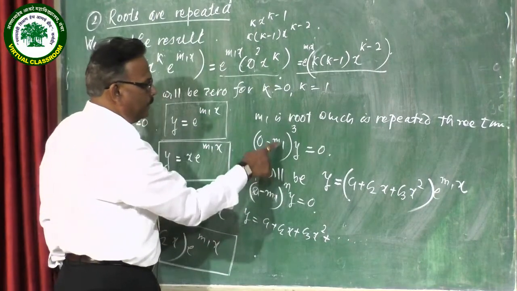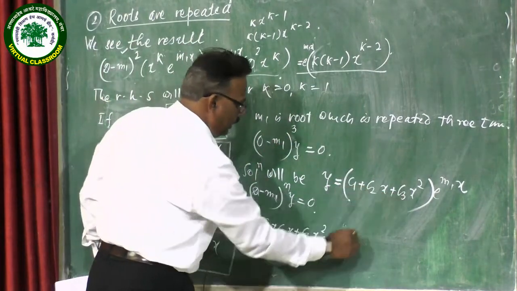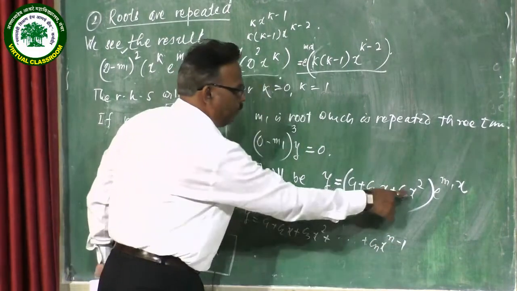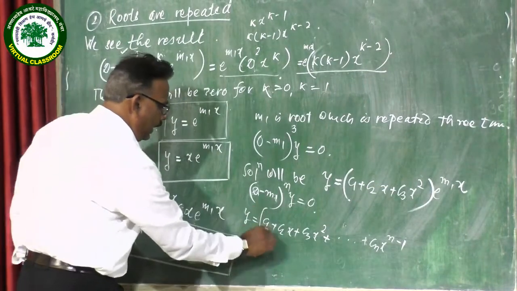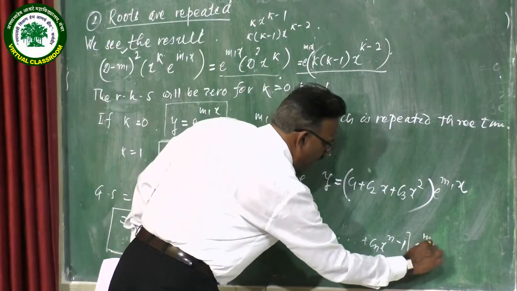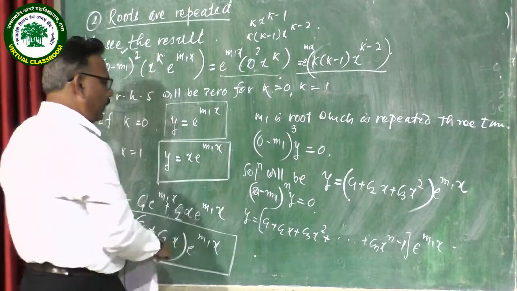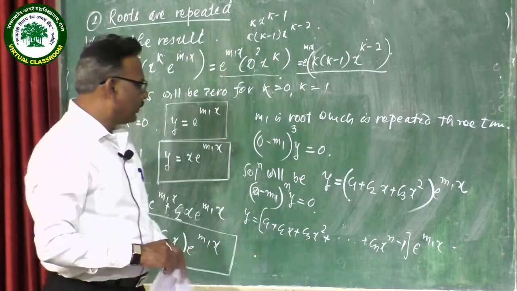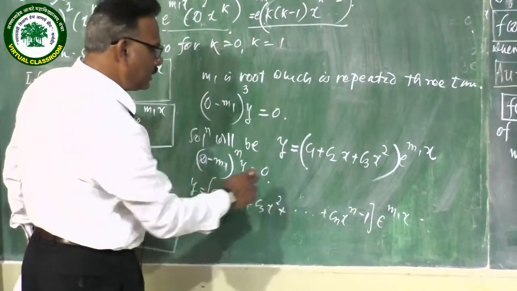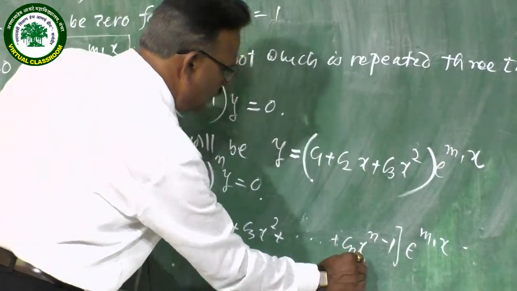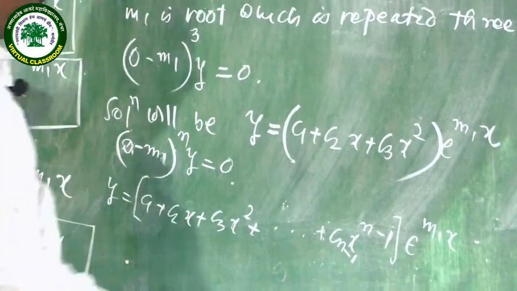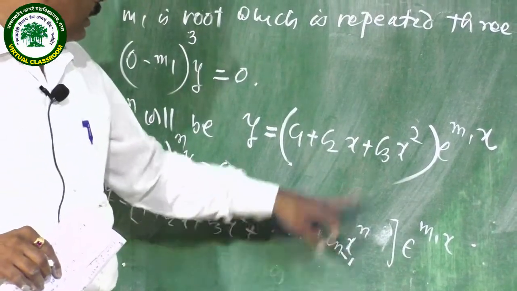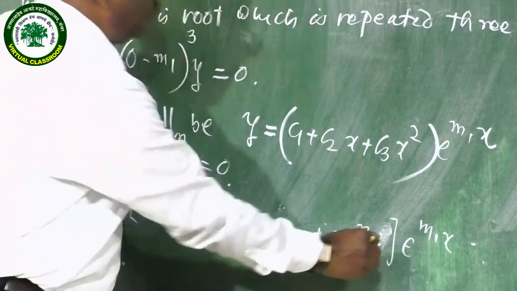Here, if the root is repeated 3 times, the arbitrary constants are c1, c2, c3, therefore plus cn into x raised to n minus 1. Here the power will be reduced by 1 and e raised to m1x will be there. If a root is repeated n times, then the general solution will be of this type.